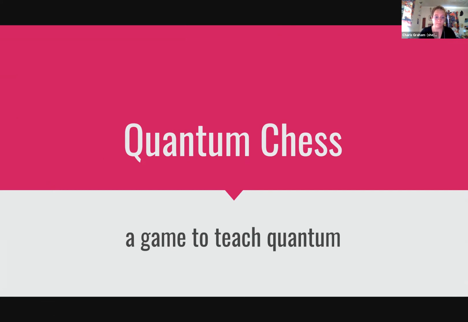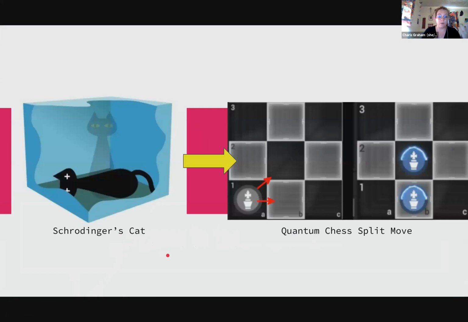For example, the quantum principle of superposition, most well known from Schrodinger's dead and alive cat, is seen in the quantum chess move called the split move, where you have a target square, like this king here, and then it splits into 2 other spaces, like from A1 to B1 and B2.